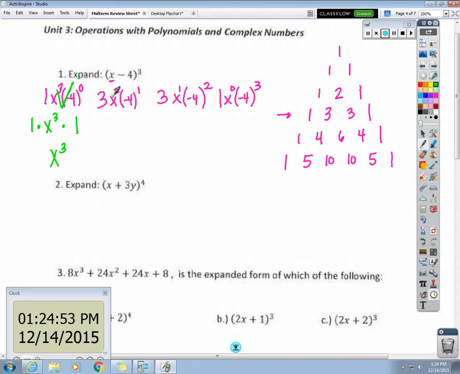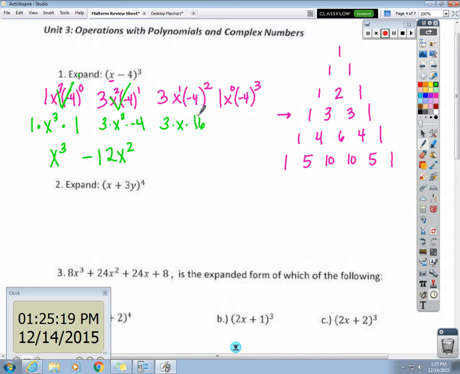Okay, second term. We have a 3 times an x squared times a negative 4. Negative 12x squared. Okay, and then the next one, we have a 3 times an x times a positive 16x. Because remember, it's squared, so a negative times a negative is a positive.